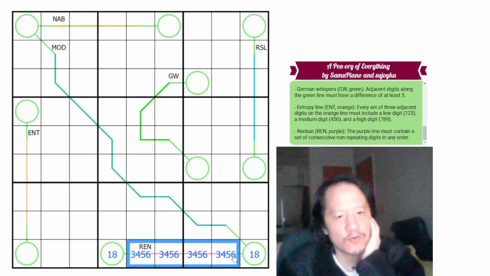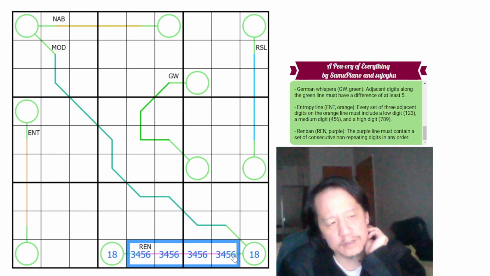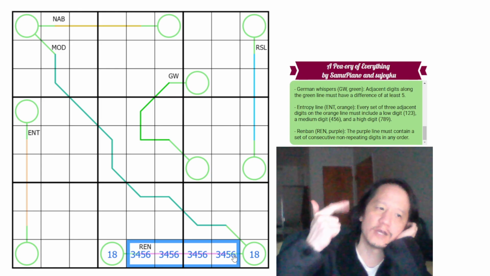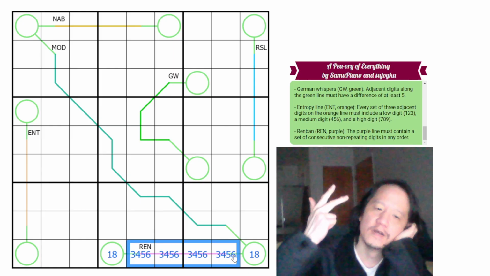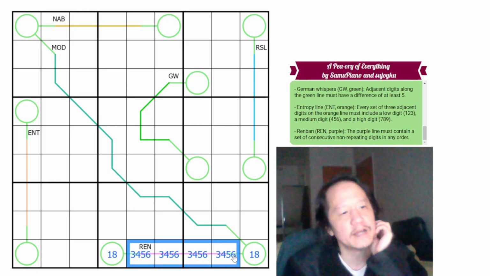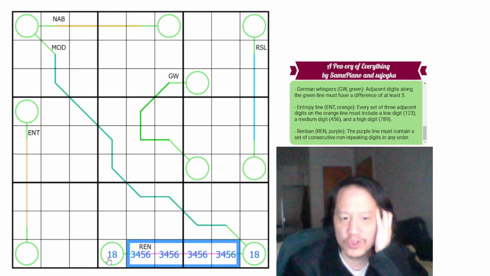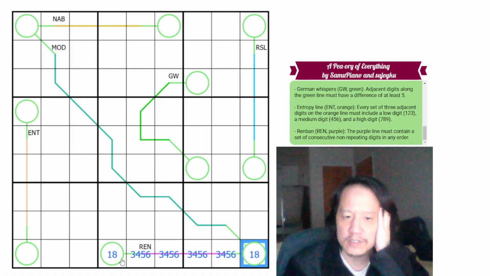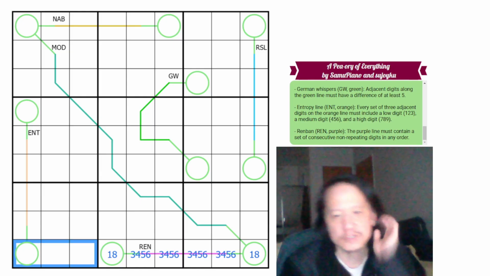So it can't be 5, 6, 7, 8. We already know it can't be 1, 2, 3, 4, can't be 2, 3, 4, 5, can't be 4, 5, 6, 7, can't be 5, 6, 7, 8. So what about 6, 7, 8, and 9? 6, 7, 8, 9 adds up to 30, and 0 cannot be a digit here, so we know this is 3, 4, 5, 6 with 1, 8, and 1, 8. So therefore, this is 2, 7, and 9.